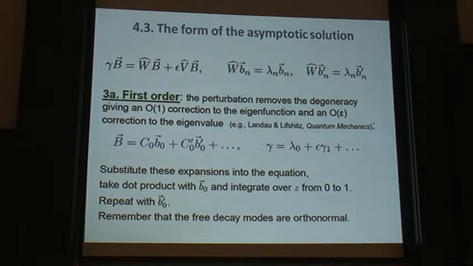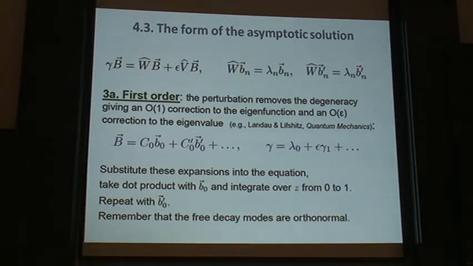And gamma is equal to lambda naught plus epsilon gamma 1 plus epsilon. I could pretend to be a little bit more naive than I am and put here some unknown gamma naught. Then the procedure which follows will immediately tell me that gamma naught is equal to lambda naught.